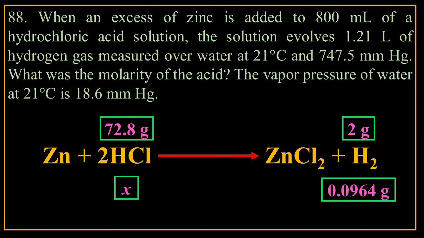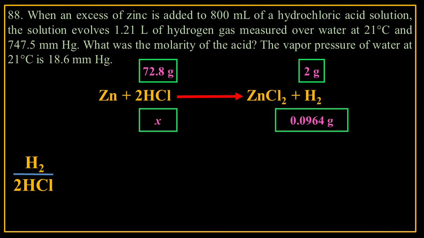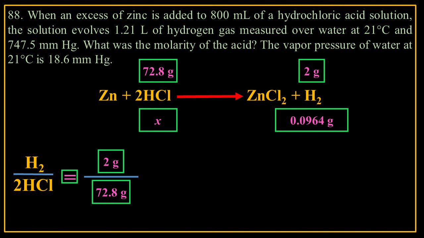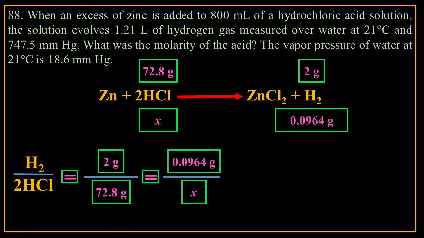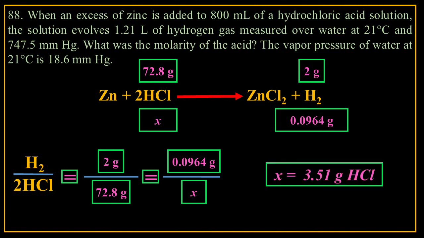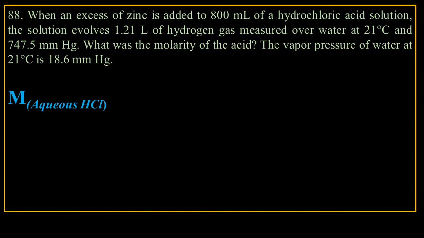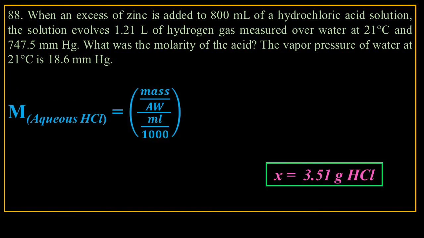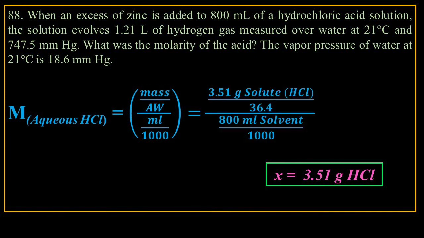0.0964. So now I need to know how many grams I actually used. There's my constant ratio, hydrogen to hydrochloric acid. Notice I'm using 72.8, a little closer value using the atomic weights, more specifically 35.4 for chlorine.